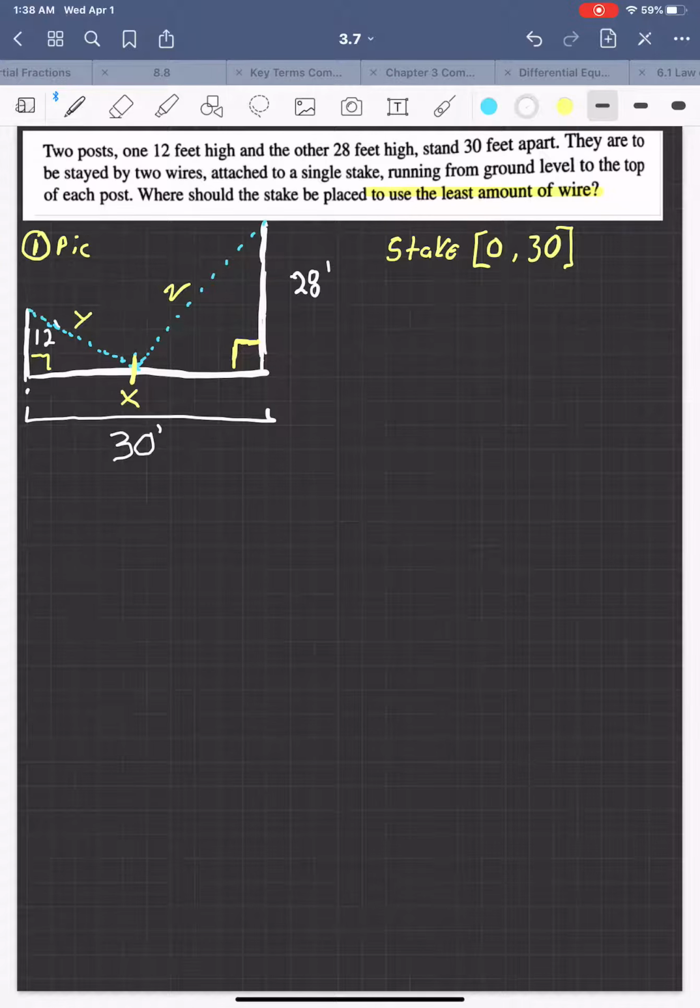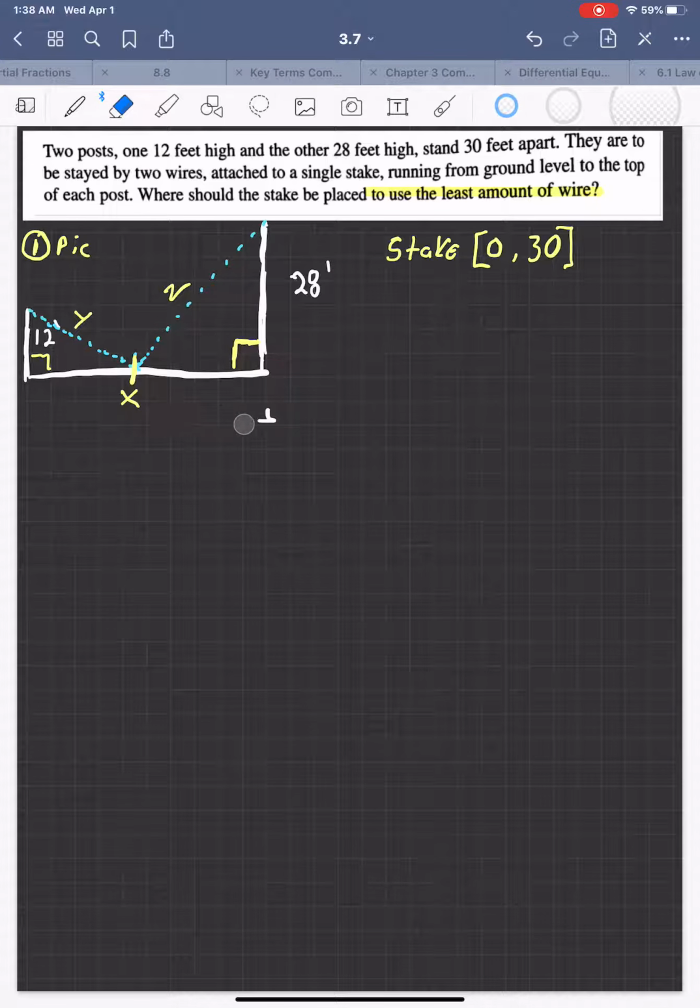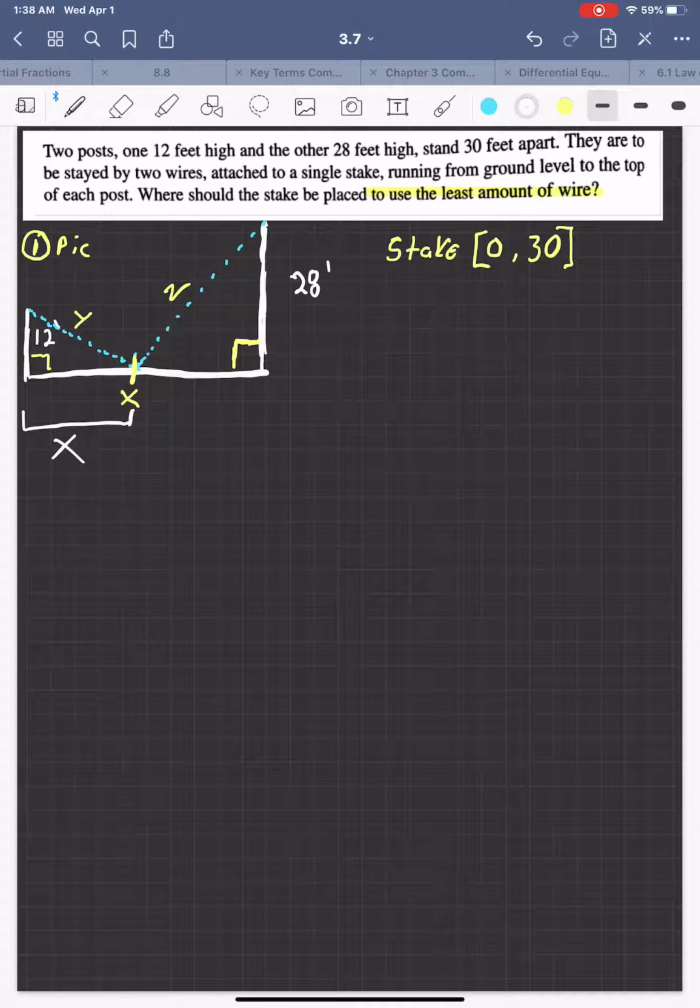We would be able to say that the distance from the first pole to x is indeed x.